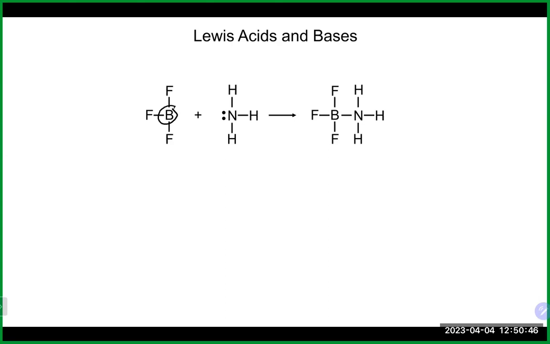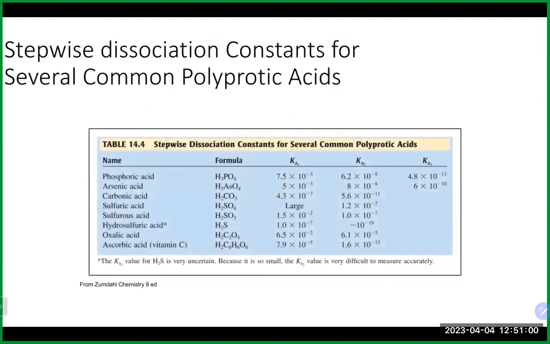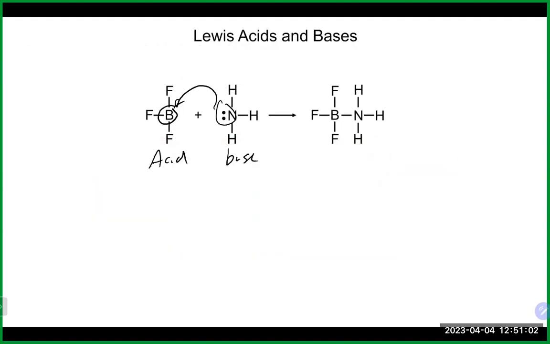That means the BF3 would be our Lewis acid in this case. And the NH3, which has the pair of electrons to donate, would donate those over to the boron. That would be our Lewis base. So here you can apply acid-base chemistry in a situation where even an H plus is not involved, though in a lot of cases you could still use the Bronsted-Lowry definition to figure out which one's an acid and base.